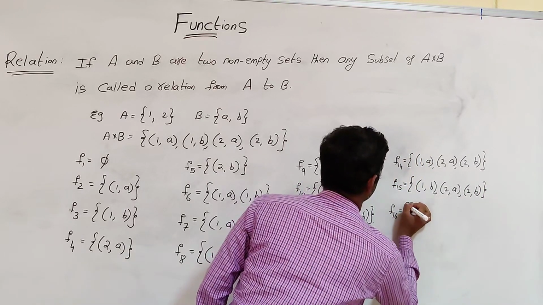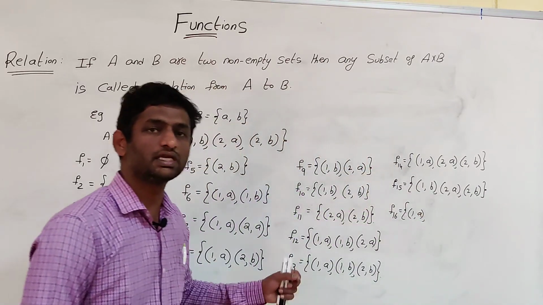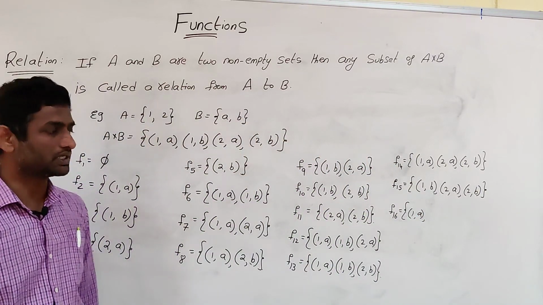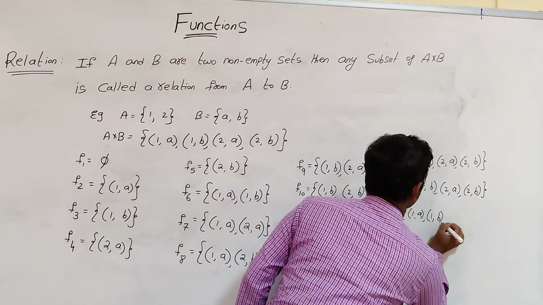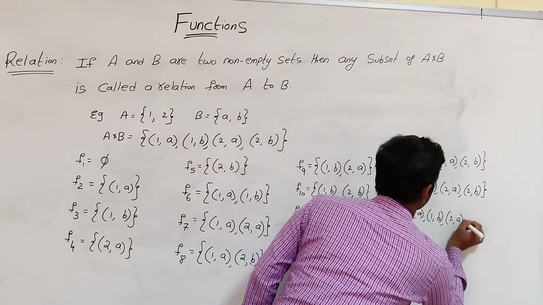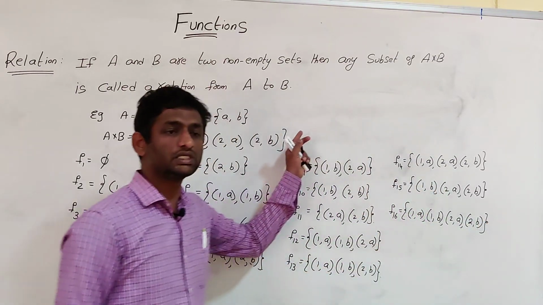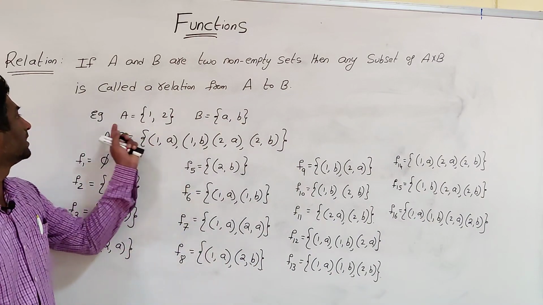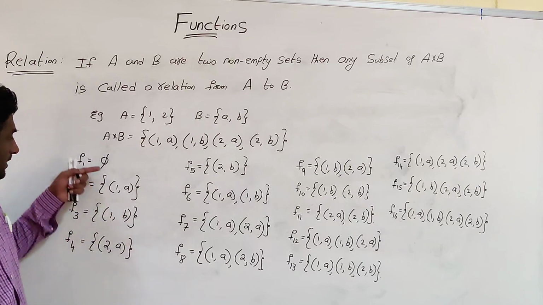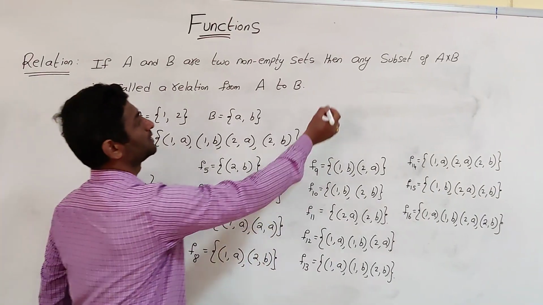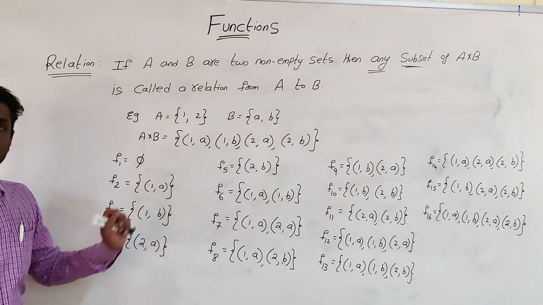F16: every set is itself a subset, so (1, a), (1, b), (2, a), (2, b). So these are the 16 subsets of A cross B, and any subset of A cross B is called a relation.